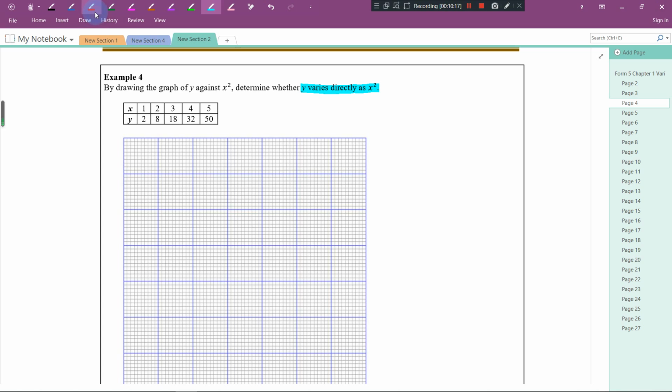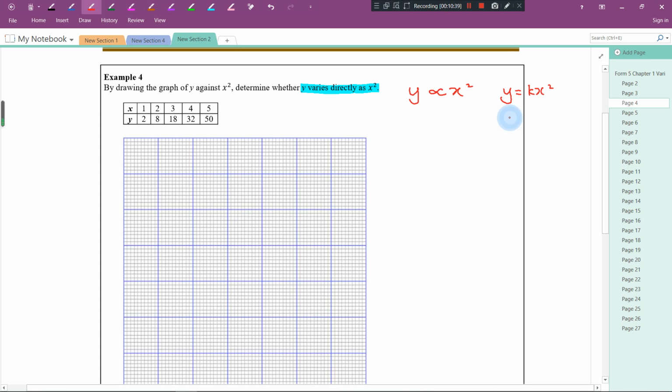So let's say in this situation, if I don't want to draw a graph, how do I test whether y varies directly as x squared? Okay, y varies directly as x squared. This is the variation relation. If I write this in equation form, it will be y equals kx squared.